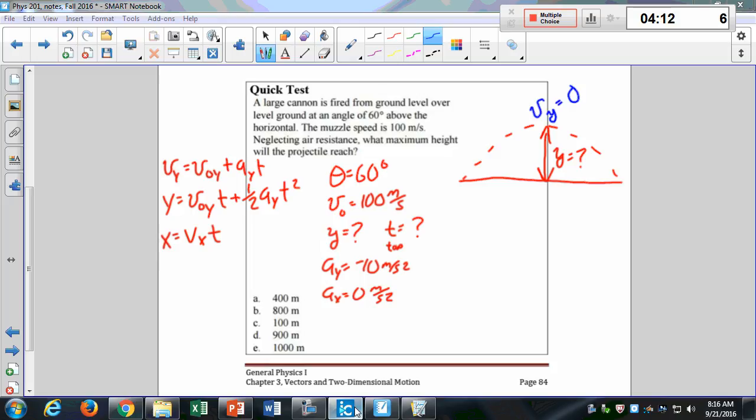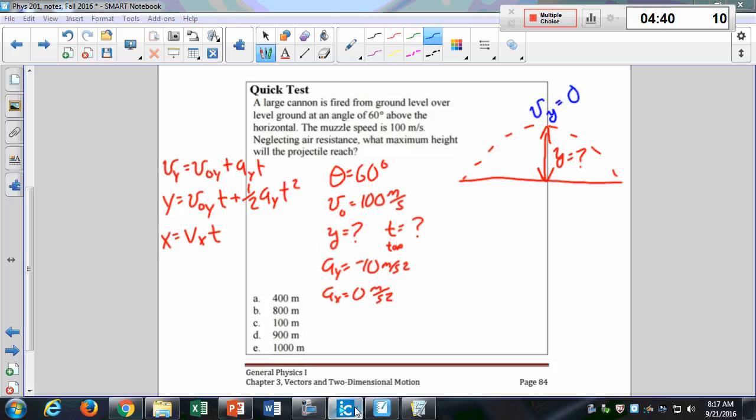Okay. So our first step is to find the time. As I said, to find the time, we have two ways with the extreme height problem. I would either look at the y position, or we could look at the velocity. Let's use this technique. I know that at the top of the trajectory, Vy is equal to 0. What is V naught y?